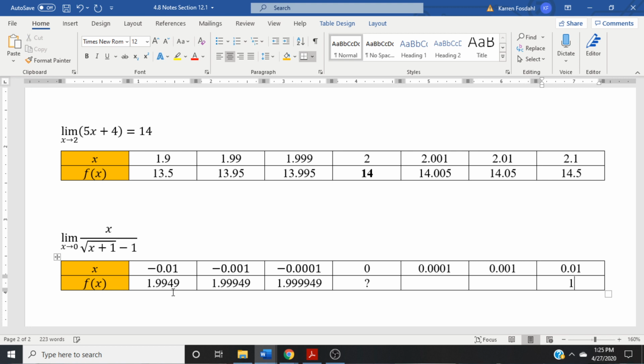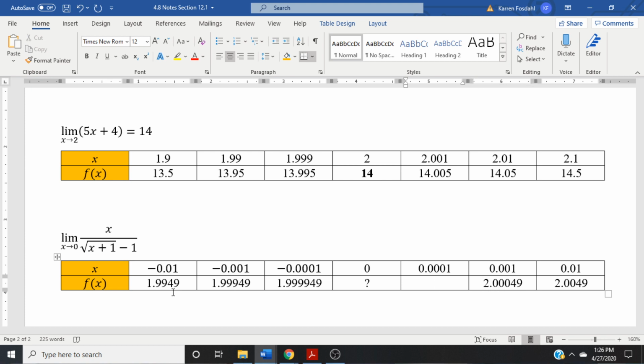And this is 2.0049. Okay, plugging in 0.001 divided by the square root of 0.001 plus 1, minus 1, we get 2.0004949.